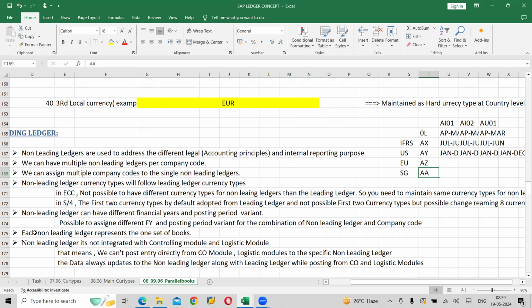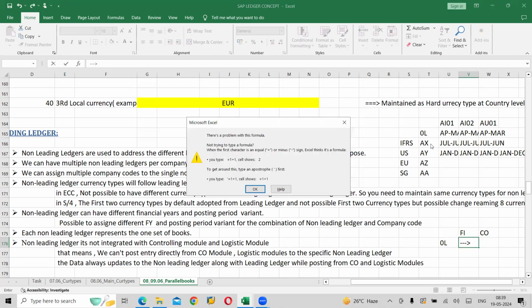Okay. Non-leading ledgers are not integrated with the controlling area. You remember, the 0L ledger data, for example FI and CO: when I post a document, whatever leading ledger data is there will flow from FI to CO automatically.